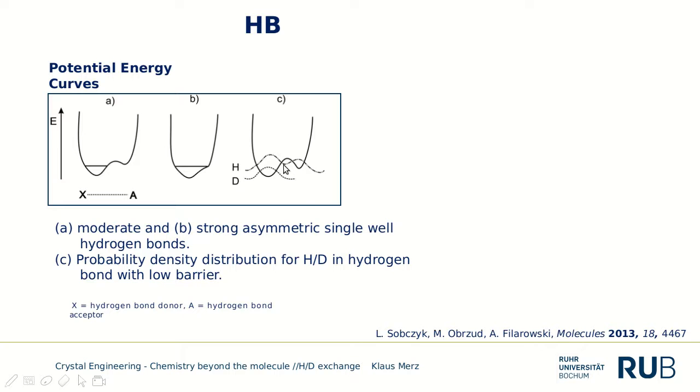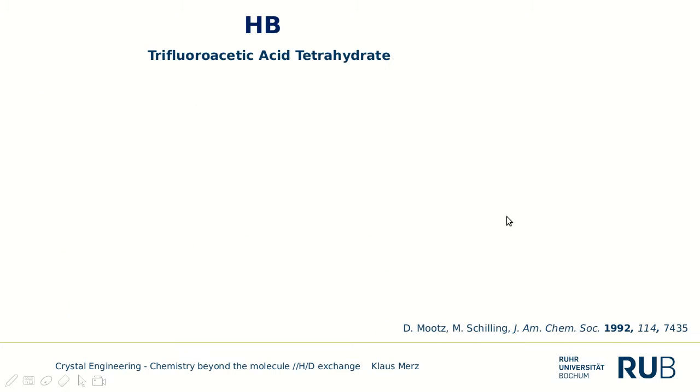So you see here the probability of hydrogen, yes, the density distribution of hydrogen. So here in the region of X, in the region of A. In the case of deuterium, the density probability is located in the near environment of X, and this could be useful in the case of hydrogen bonds.